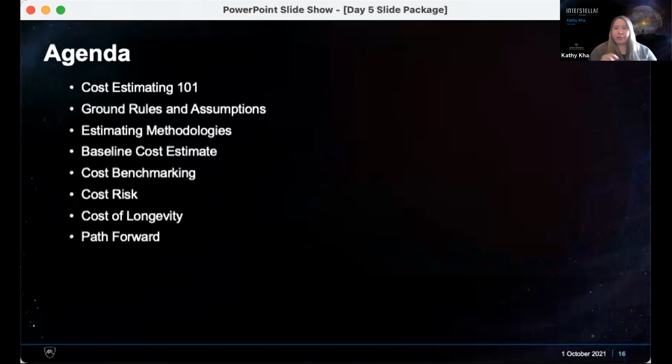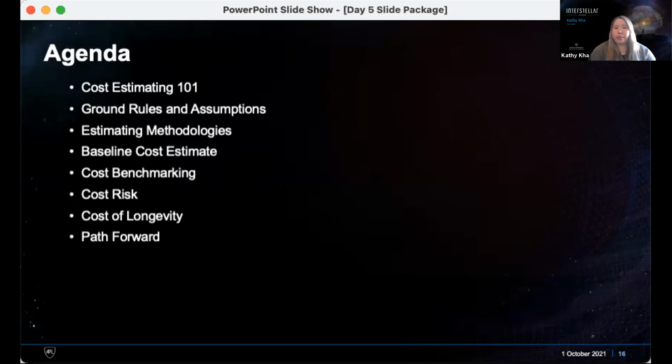Okay, so for a quick agenda, I'm first going to go over really quickly some cost estimating 101, just so we're all on the same page. I'm not really sure how familiar this audience is with the tools we use in cost estimating. Then I'll go through the ground rules and assumptions that govern our estimate, so all the rules, in terms of the fiscal year and other assumptions that we've made when developing the estimate.